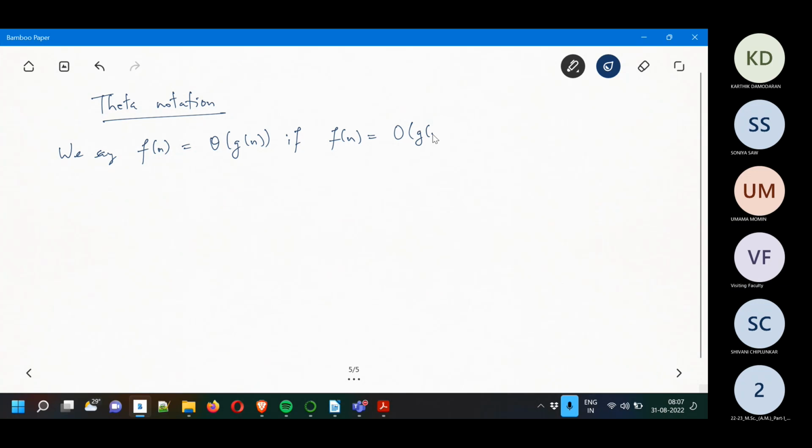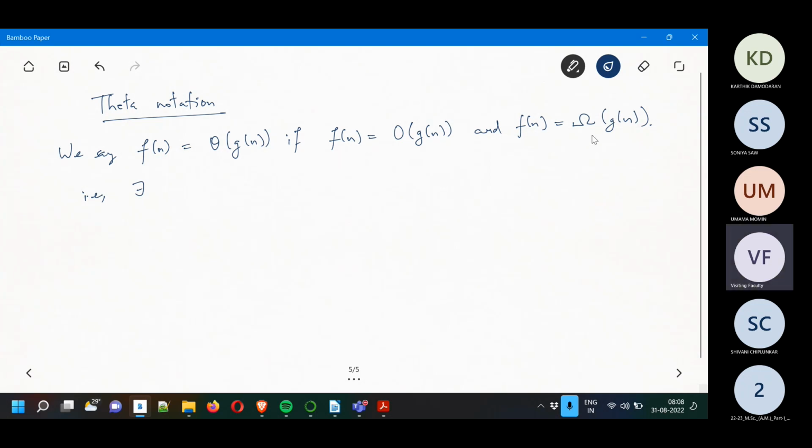We say f of n is big O of g of n and then g of n must be omega of g of n. Okay. What does that mean? That there exists.